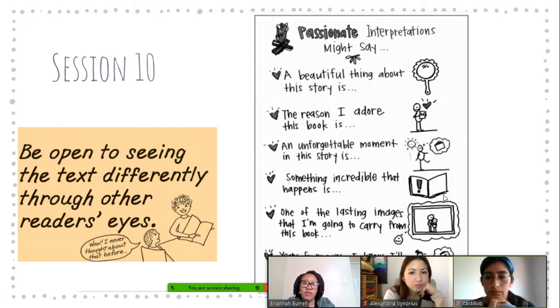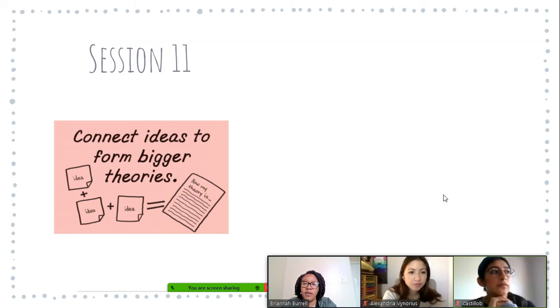Also, you will notice in this unit, in the small group and conferring notes, that there is an anchor chart about passionate interpretations and things that they might say. So this is going to help guide their conversations about how to talk about the things that they're finding inside of their text.